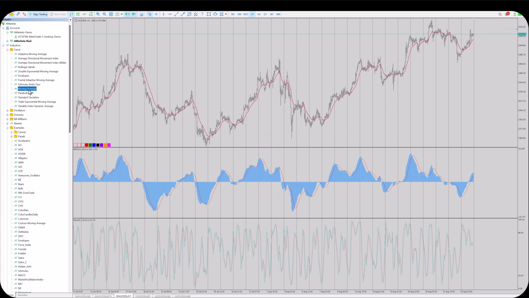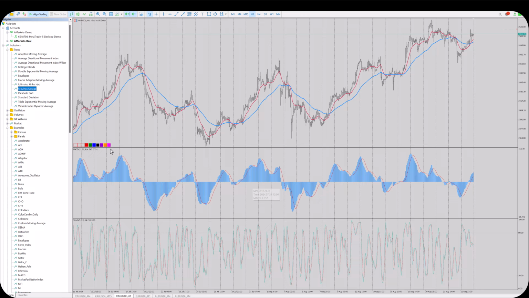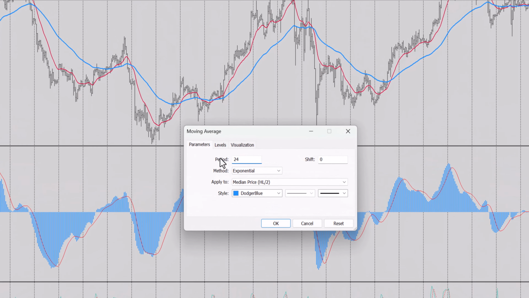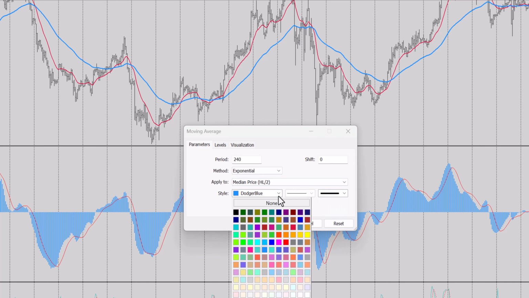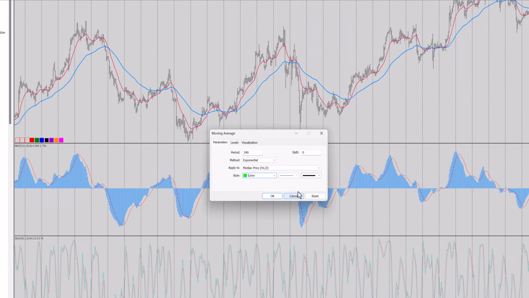That's the first one. The second one is 1 hour, which is 60. I put it in blue, a little bit thicker. And the other one is 240, which is the 4 hour time frame. I'll put it at the thickest, and let's make it green, lime.